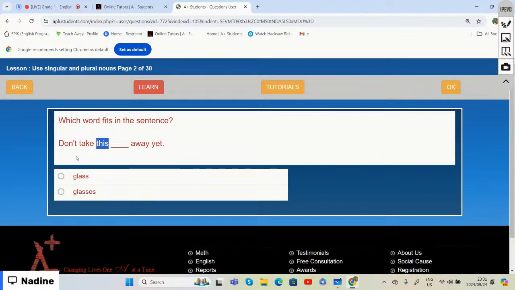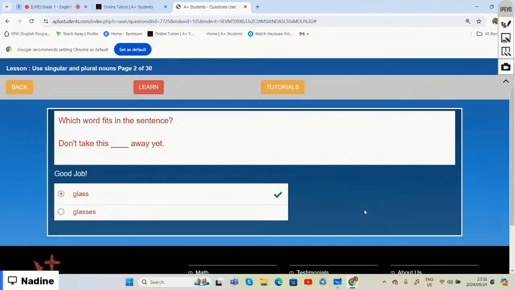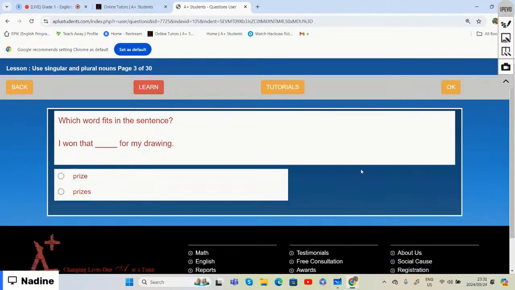Especially this, it says, don't take this glass away yet. So this comes in front of a singular noun. It makes mention of one thing.